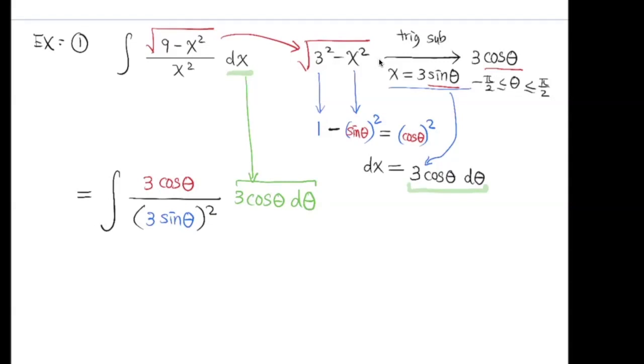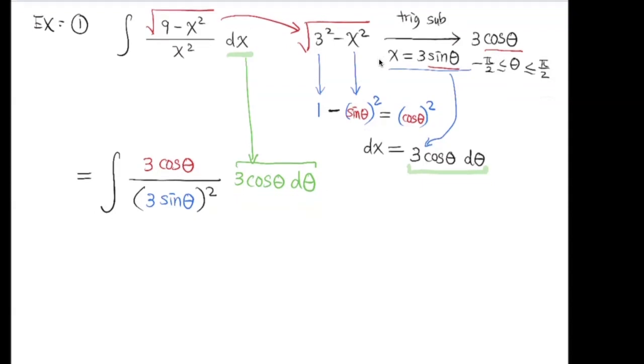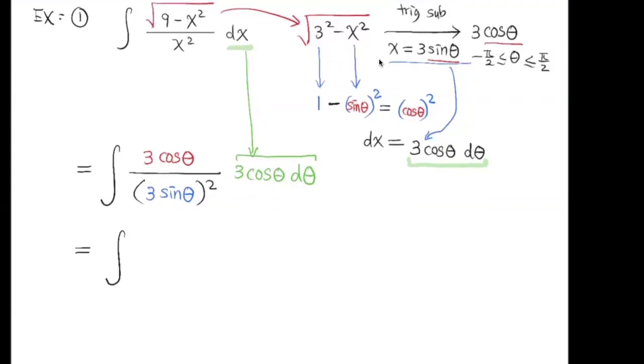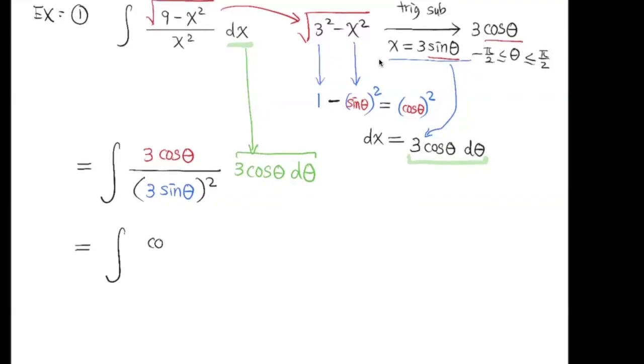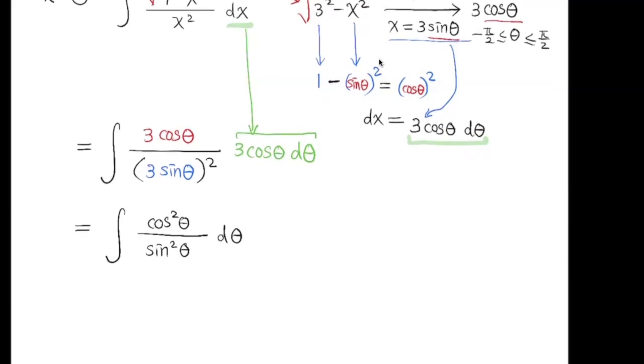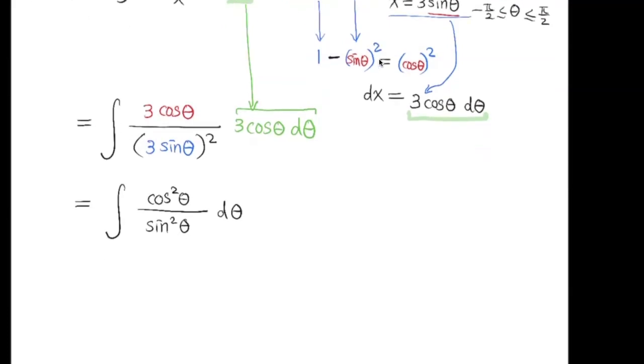All right. So the next step here, we just need to simplify this. What do we get? We're going to get cosine squared theta over sine squared theta, and then d theta. Because the 3 squared is 9, so it cancels with the 3 times 3.